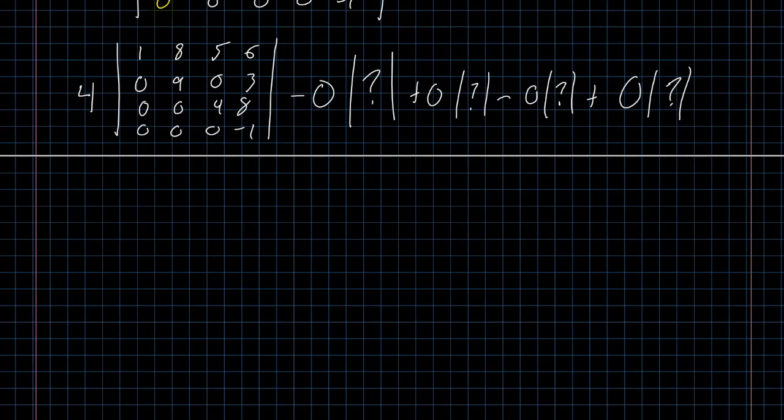And it gets better, because now I need to handle the 4 by 4 matrix. And the first column there has a bunch of zeros. All right, so eliminate the row and column that have the 1, and we're left with this 3 by 3 matrix, 9, 0, 3, 0, 4, 8, 0, 0, negative 1. All right, let's put some serifs on this 1 so it doesn't look like a vertical bar.